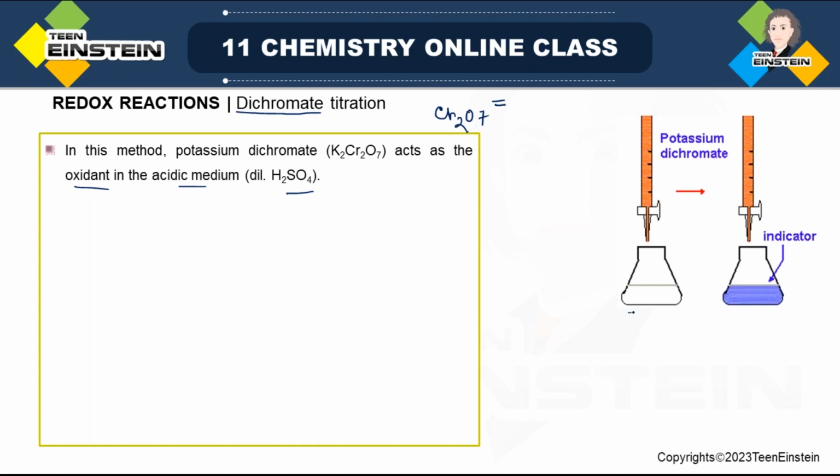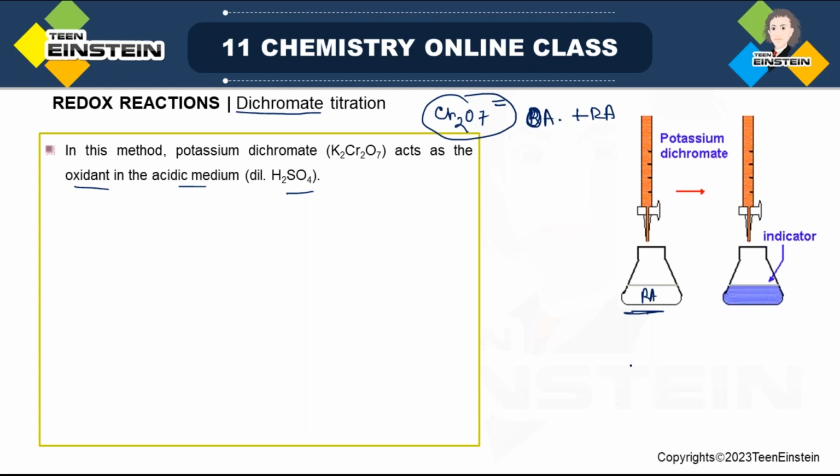Here you can see in the conical flask, you will take some reducing agent because Cr2O7 2 minus is the oxidizing agent, so you need some reducing agent. Here we have this reducing agent along with some indicator, and that indicator produces this type of blue color once the reaction is finished.